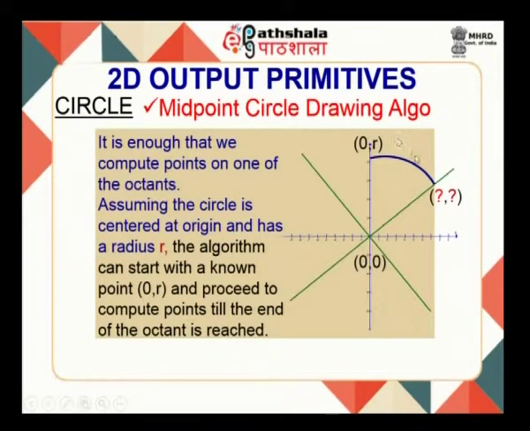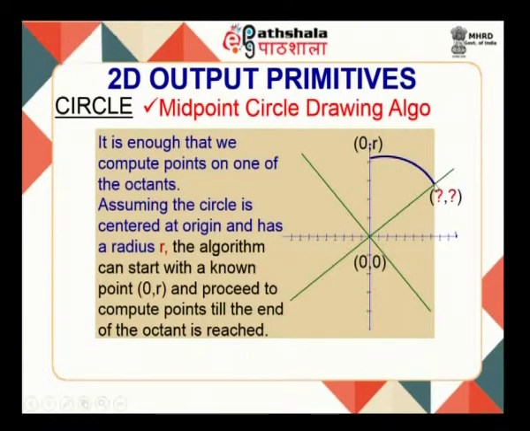Any point in this zone will satisfy the relation x is less than y. Take any point, say 2 comma 5; 2 is less than 5. So, in this octant the points satisfy the relation x is less than y. In this octant the points satisfy the relation x is greater than y, and on this exact line it is x is equal to y.